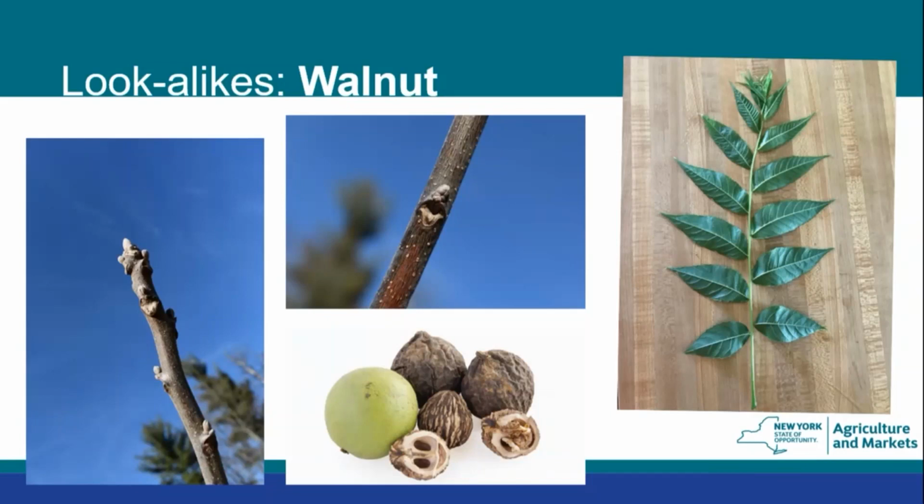So, if you find nuts laying around underneath it, it might be a black walnut, not an ailanthus tree. Again, the pinnate compound leaf here, but you can see that the black walnut is alternate, where the pinnate leaf on the tree of heaven is opposite. So that's a telltale sign that it's not tree of heaven. So next page.